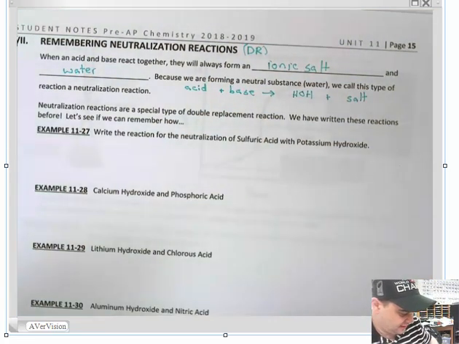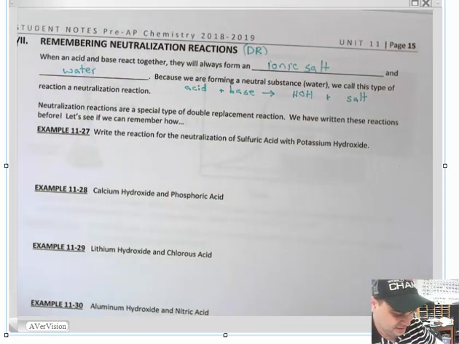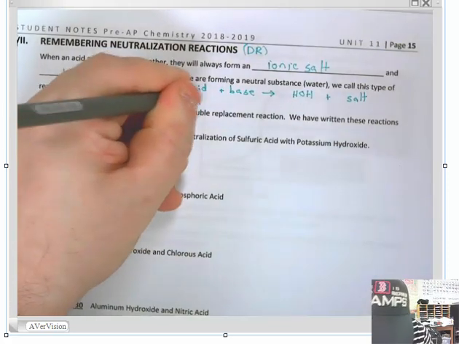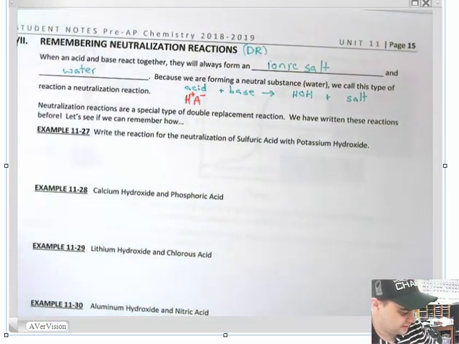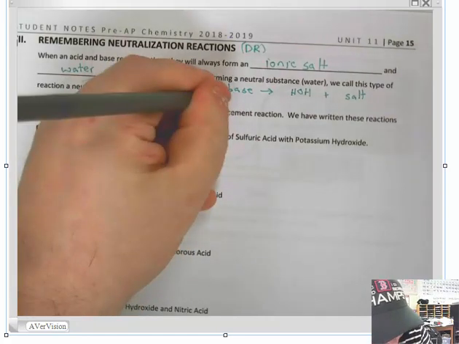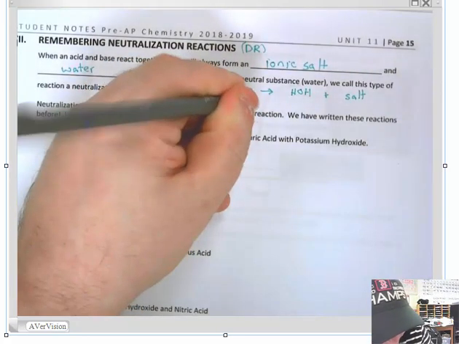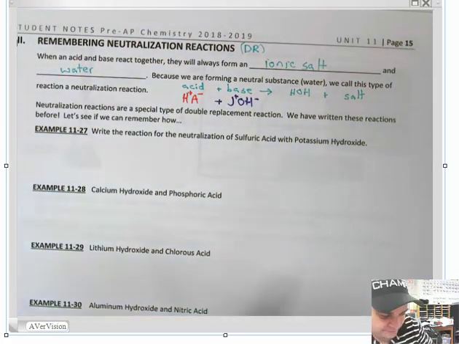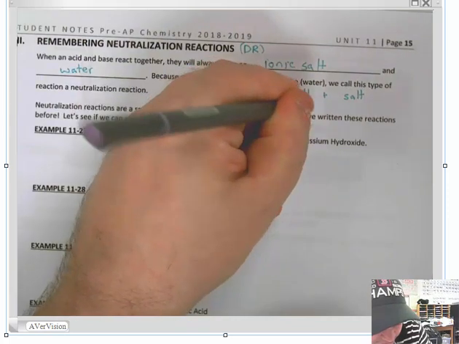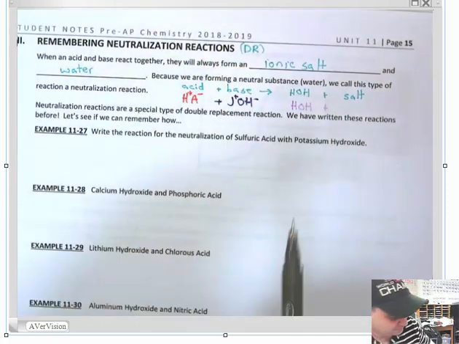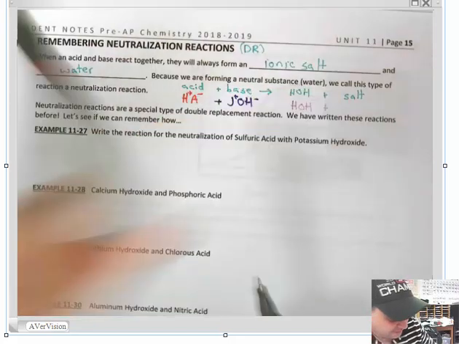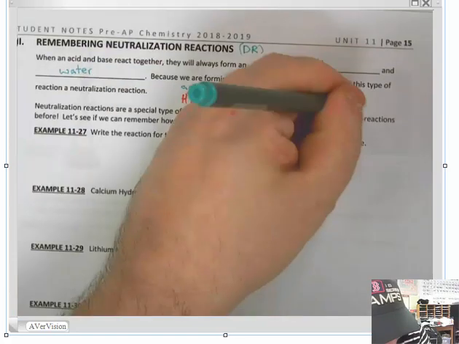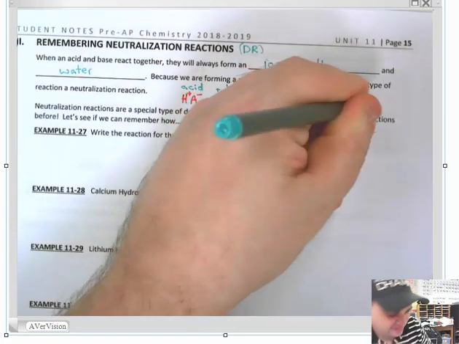So in the generic case here, we're going to see an acid, which say that is HA, plus and minus, with a base, which say that is JOH, plus and minus. We are going to get our water, HOH, plus our JA. It's going to go together like that.